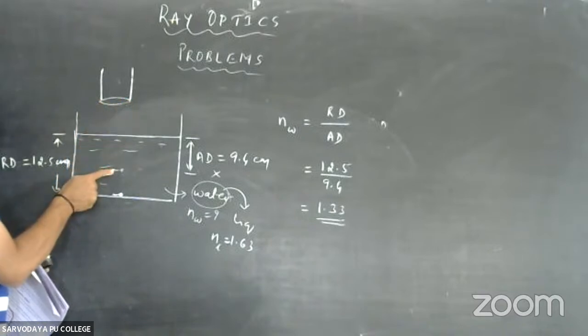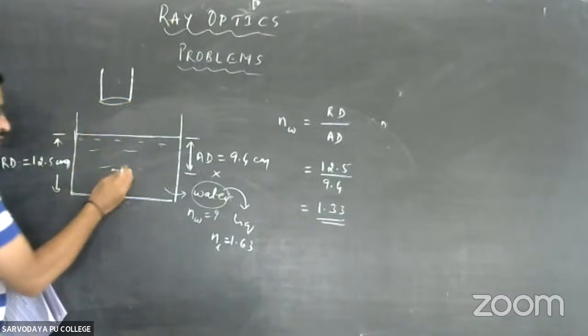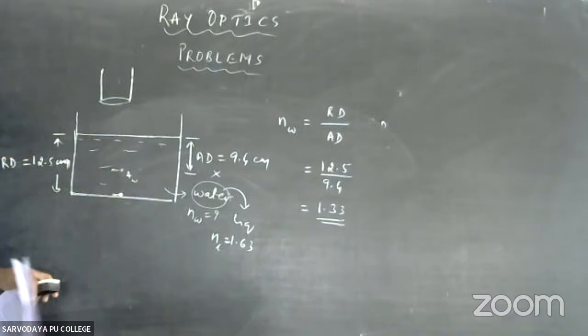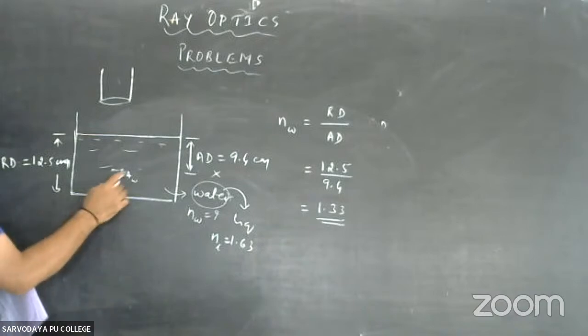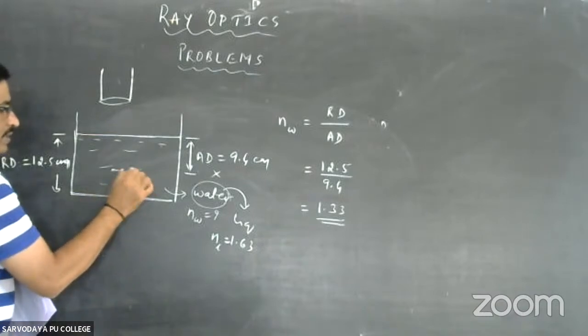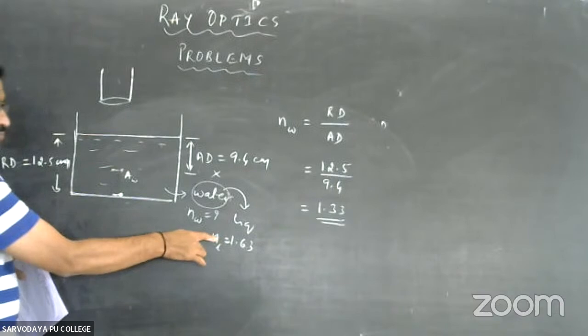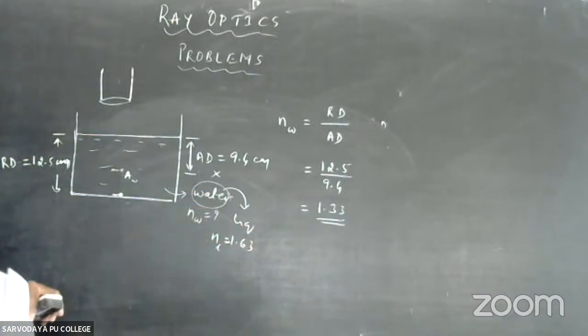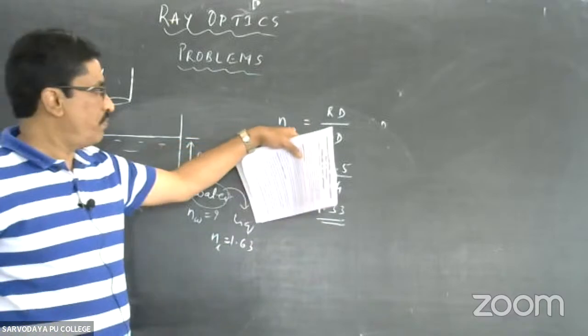Because the microscope has been focused to this particular one. This is the apparent position corresponding to water. When water is there, this is the apparent position of the needle. But now we are replacing this one by a liquid of higher refractive index.